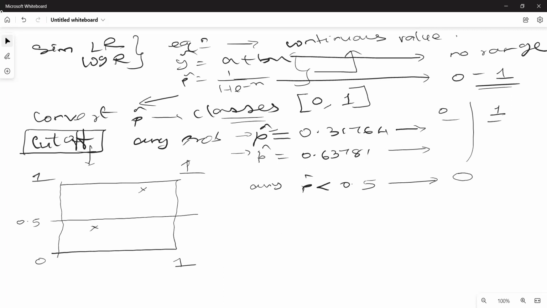Even if I get a probability value of 0.01, which is going to be somewhere here, even this will be considered as class 0. And anything which is greater than 0.5, I want to consider as class 1. So this is how you convert the probabilities into classes.